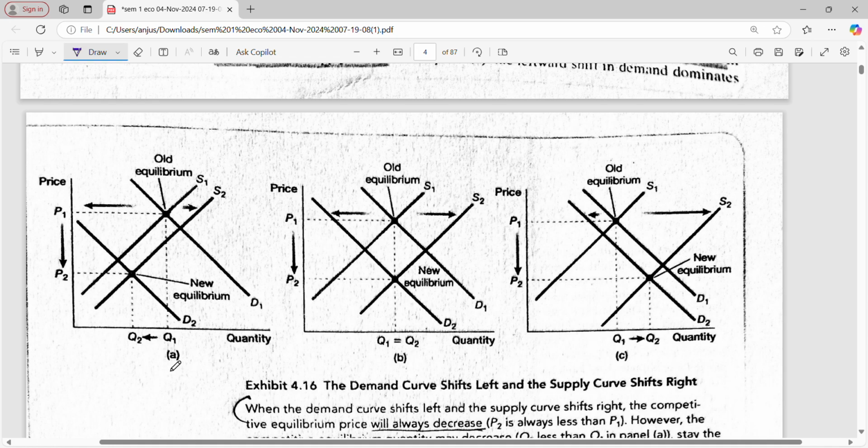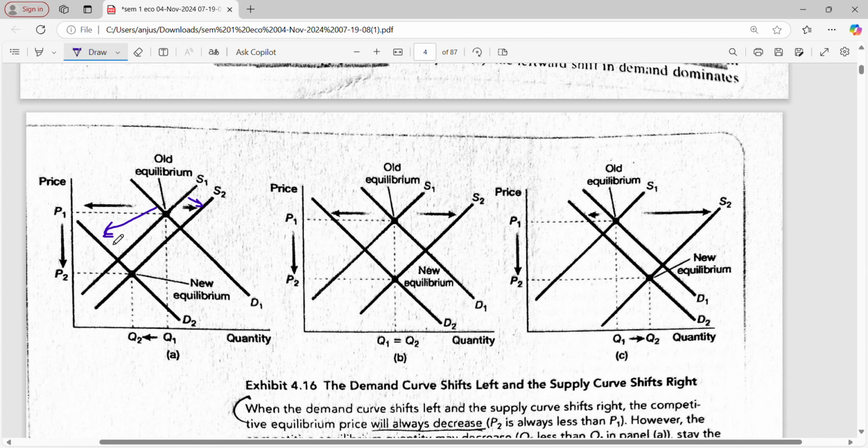In the first graph, we can see the supply curve is only shifting a little, whereas the demand curve is shifting more. That means the shift of the demand curve is dominating in the first graph.